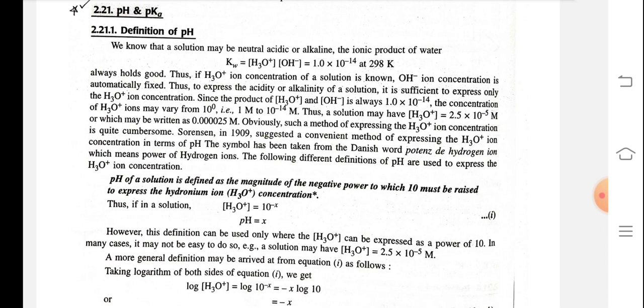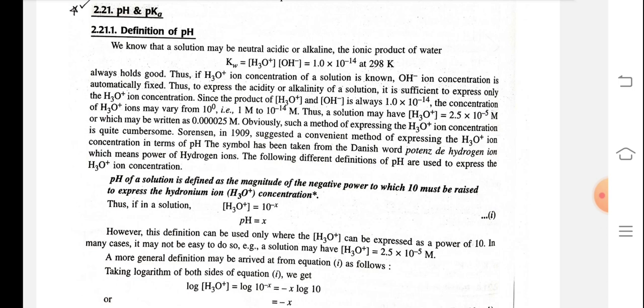Thus a solution may have a concentration of H3O+ equal to 2.5 × 10^-5 molar, which may be written as 0.000025 molar. Obviously, such a method of expressing the H3O+ ion concentration is quite cumbersome.